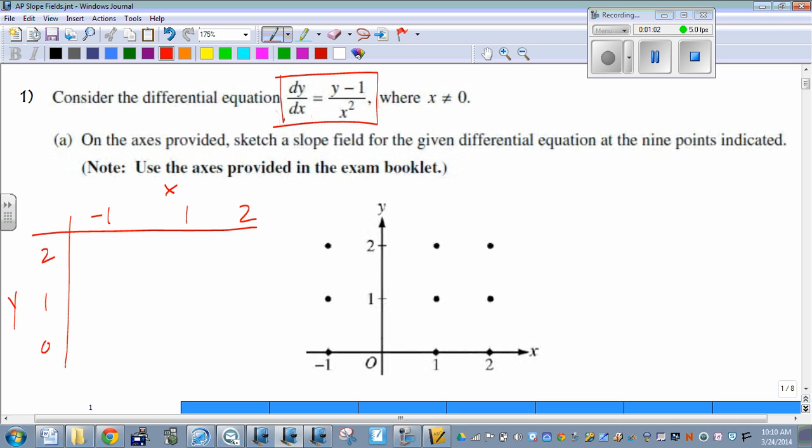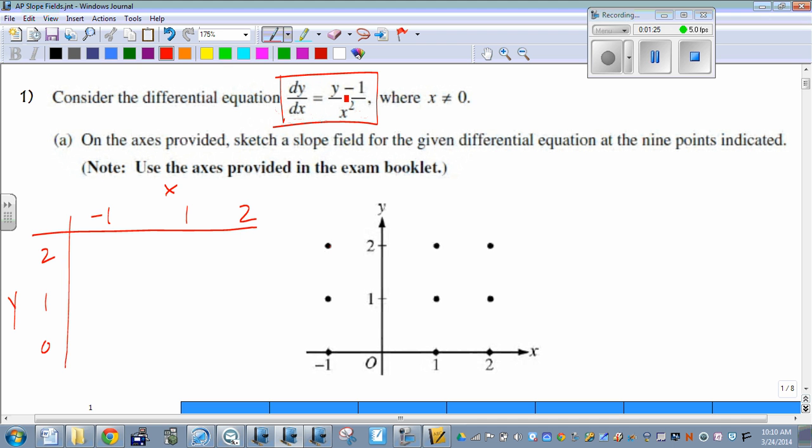Now the nice reason for setting it up this way, right here I've got my x and my y. I put my slope here, that's going to go to this point. The slope that goes here goes to this point, so you can kind of line it up with those dots. So our first one, we're going to put -1 in for x, so -1 squared just gives us 1 in the denominator.